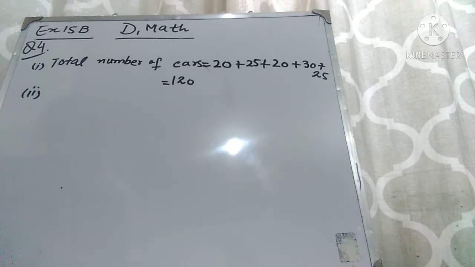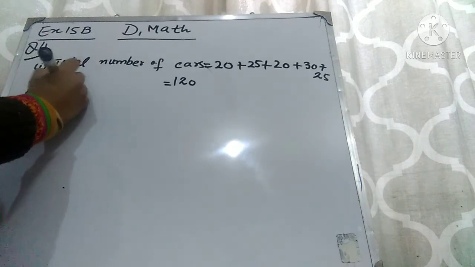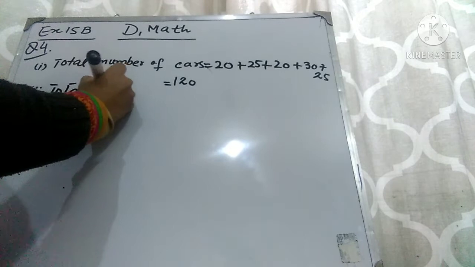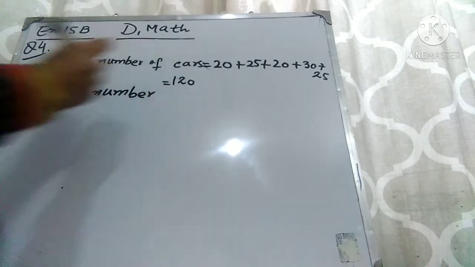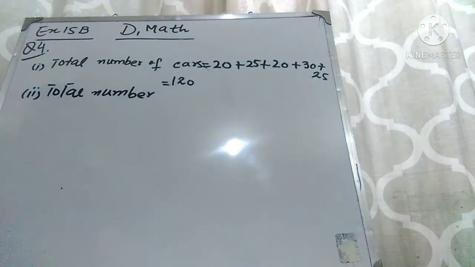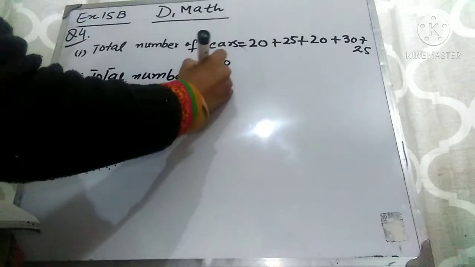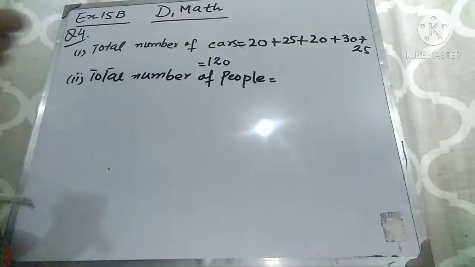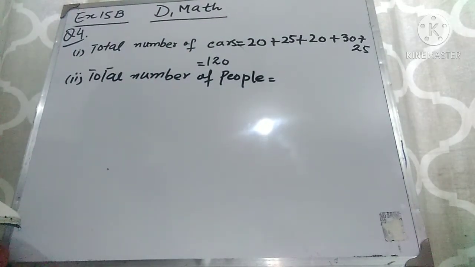So what you will do is, to find out the total number of people, you will multiply the number of people with the number of cars. Total number of people, okay, for that you will multiply the number of people with the number of cars.